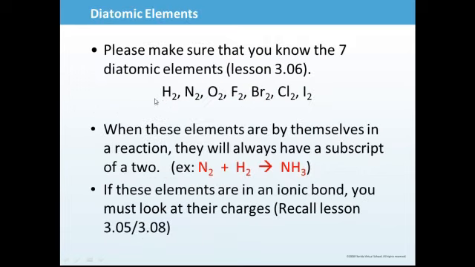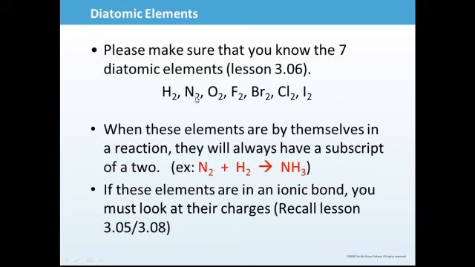We might need more. As previously mentioned, we do need to know our 7 diatomic elements. In equations, when these 7 diatomic elements are by themselves, they will always have a 2 as their subscript. All other elements, for purposes of this course, when written by themselves, will have just the element symbol, like calcium, just Ca, or lithium, just Li.